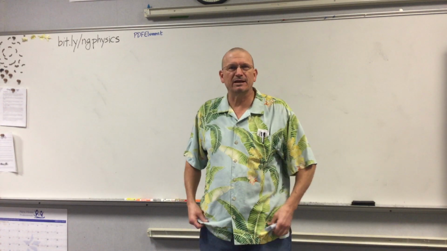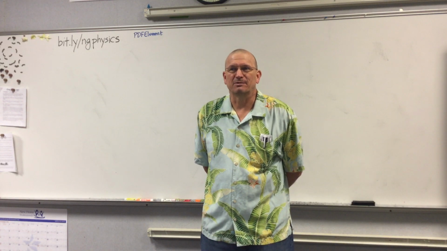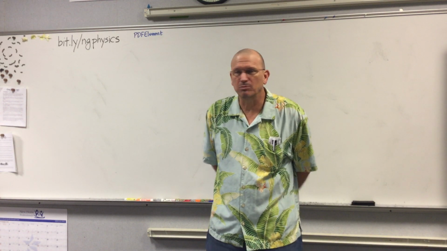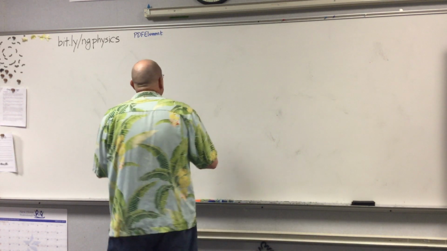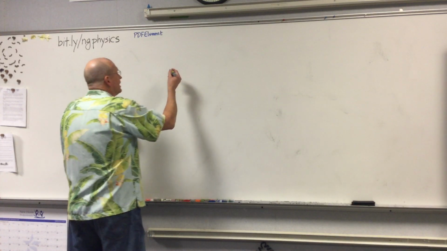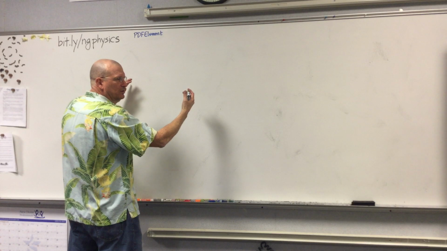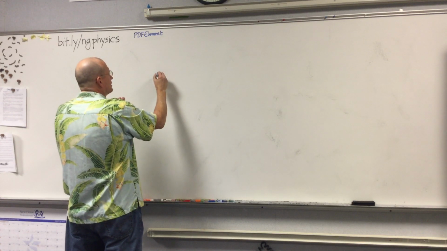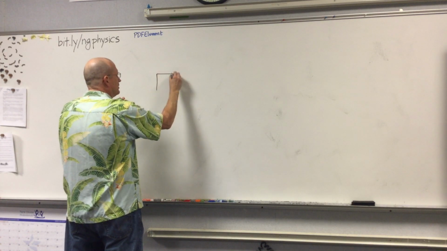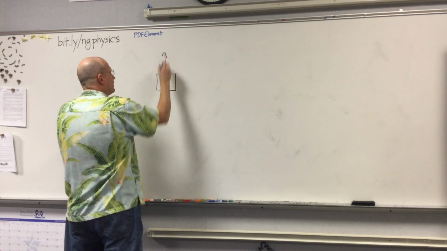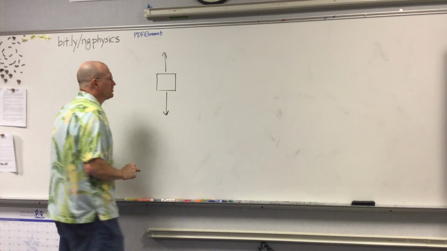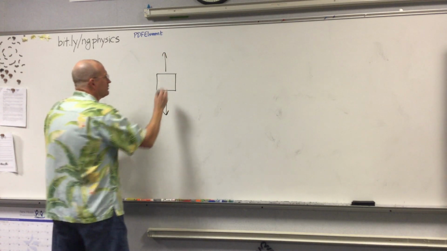This video lecture here is to help you deal with some vertical problem setups. As a reminder, I call it the vertical problem skeleton, consists of a free body diagram with arrows pointing up and down.